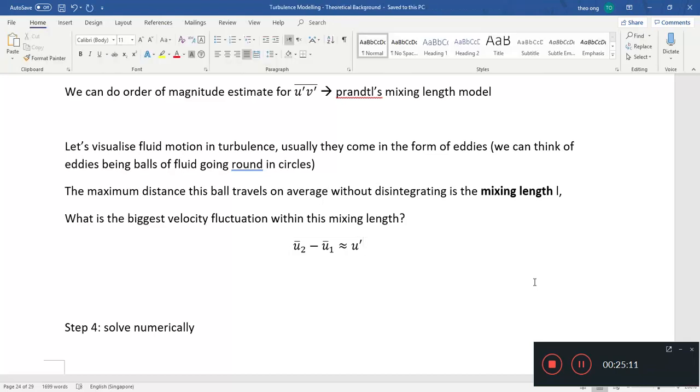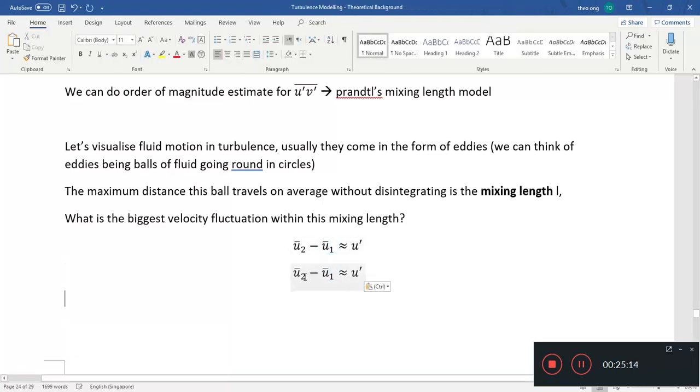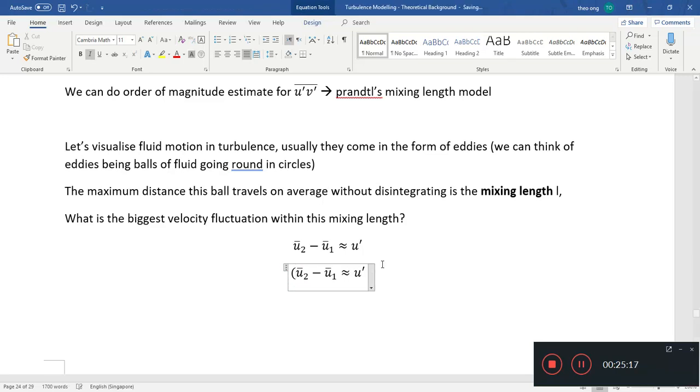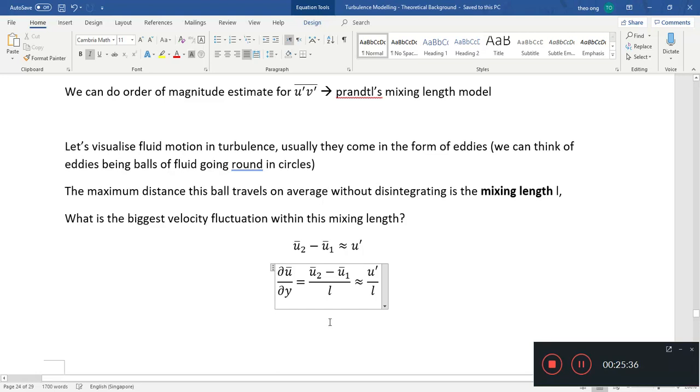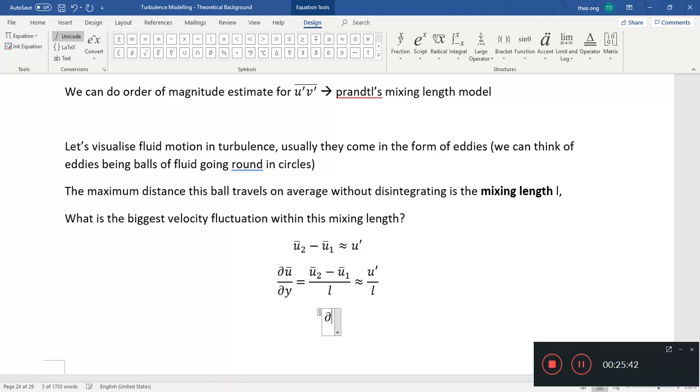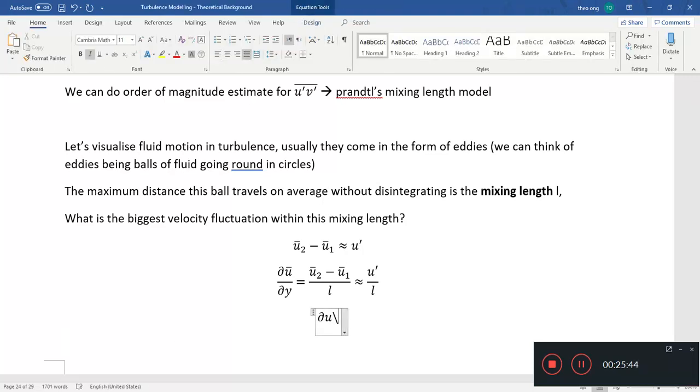If we divide both sides by L, we can see that the right hand side is basically just the velocity gradient. And of course the same can be said for the y side velocity in the boundary layer, v prime by L.